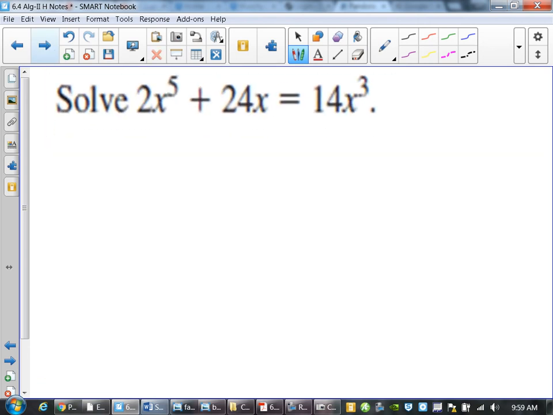As we've been going through, I've been throwing in the equals 0 towards the end, after getting your factors, just to continue to show you what your next step would be. In this case, it's telling you right away to solve, and you see an equal sign. So subtract.